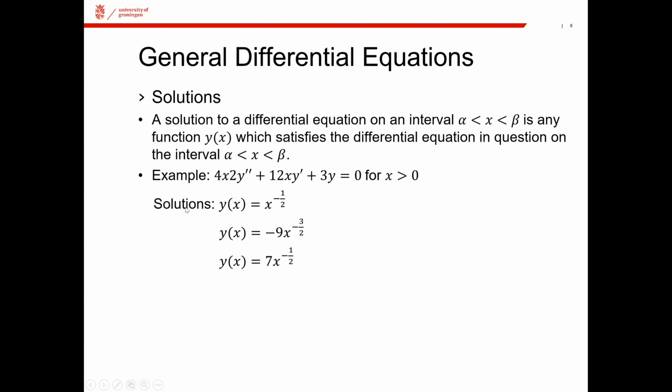We have many solutions, and there are infinite numbers of solutions actually. And we can just plug these solutions into this equation. And if the left side equals the right side, then they are the right solutions.